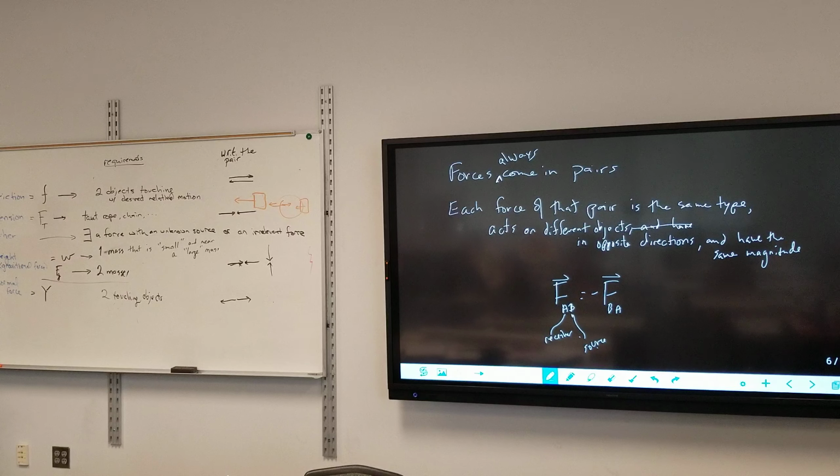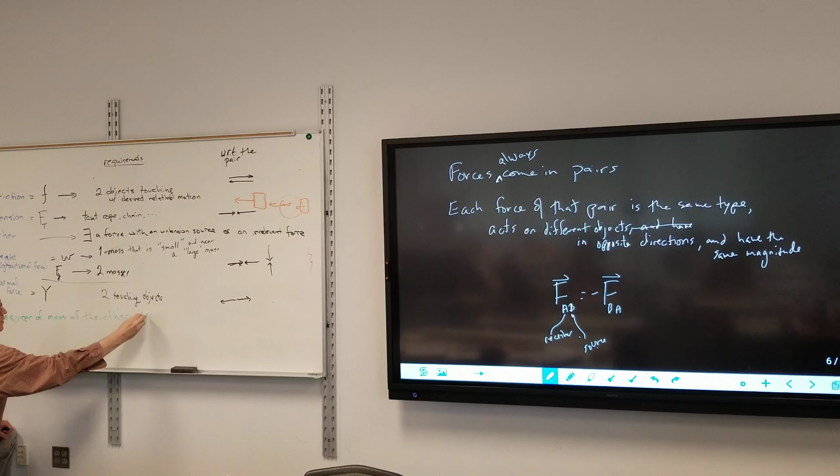The direction of, what if I stick it down here with a better marker? This is toward the center of mass of the other object.